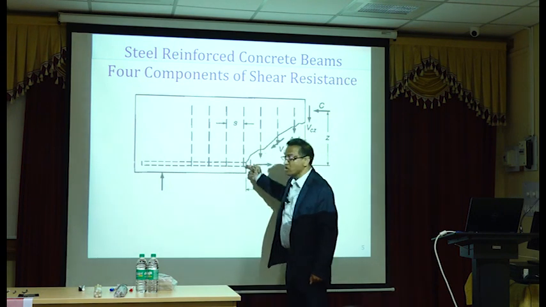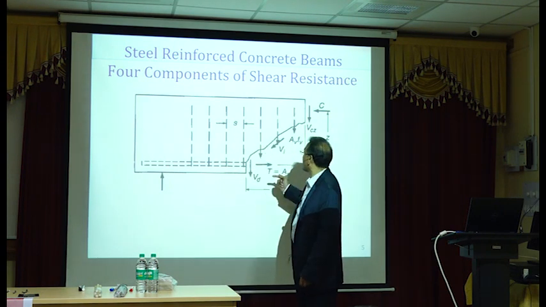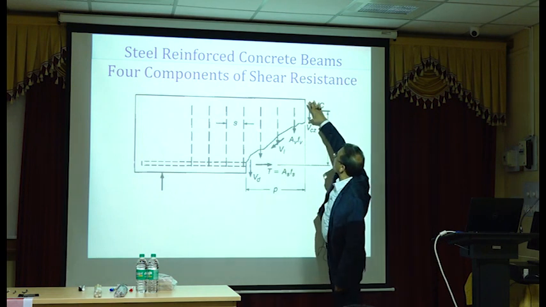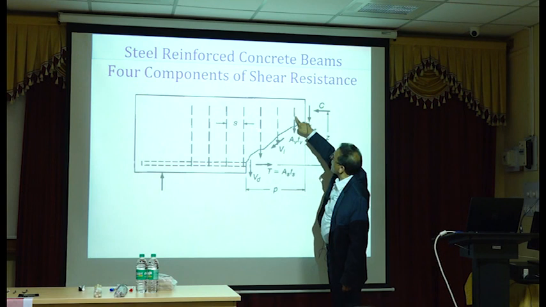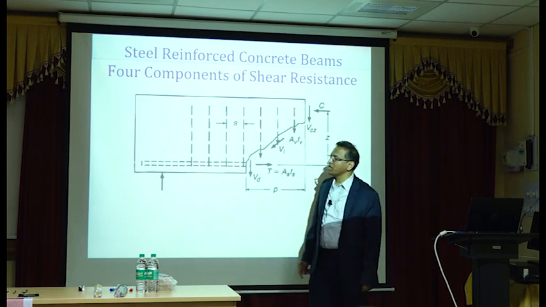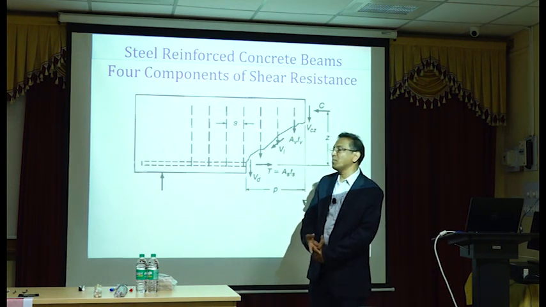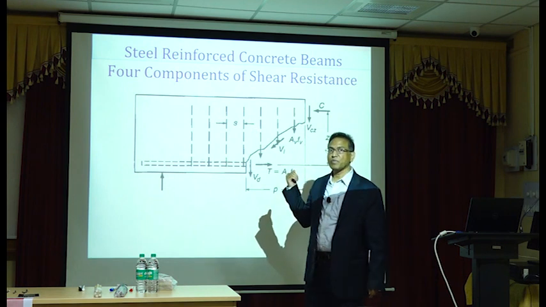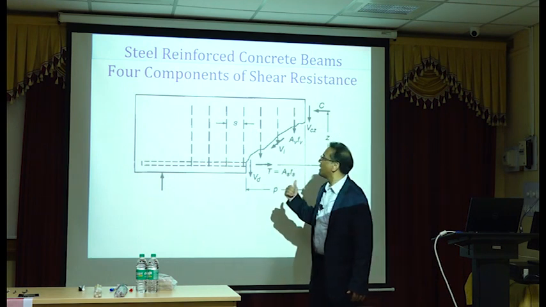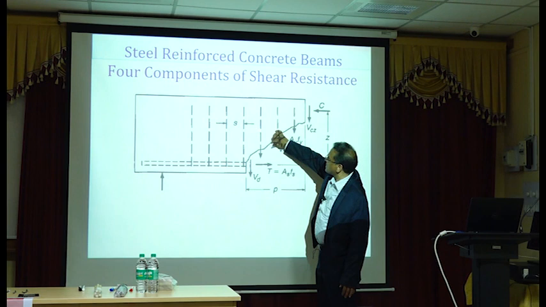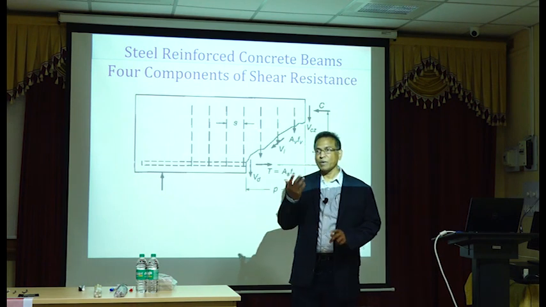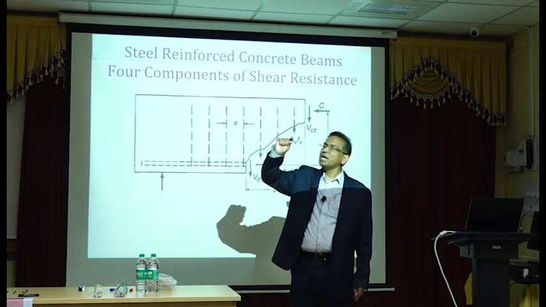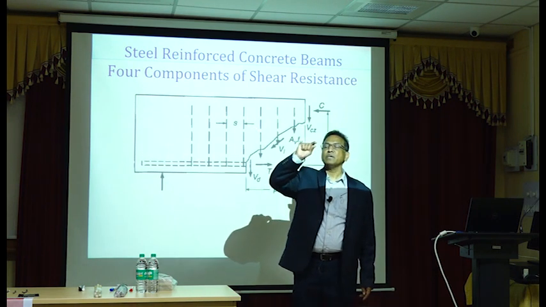Dowel bars will reduce your shear resistance, and then this may not make much difference. The other thing we have is the vertical shear reinforcement, which, if made from FRP, will be very strong, but we can only allow a certain amount of crack opening here. Why do we want to limit the crack widening?